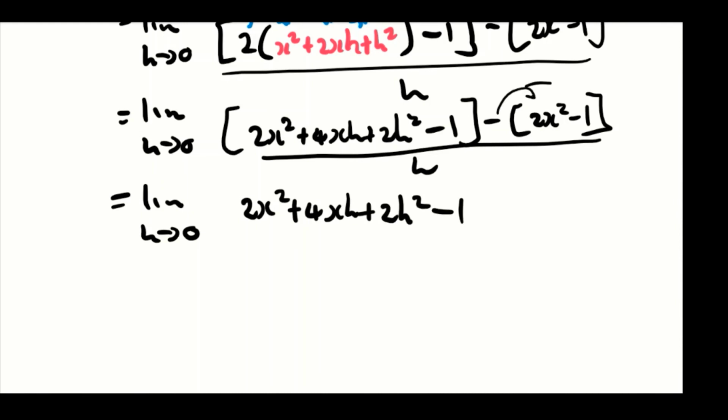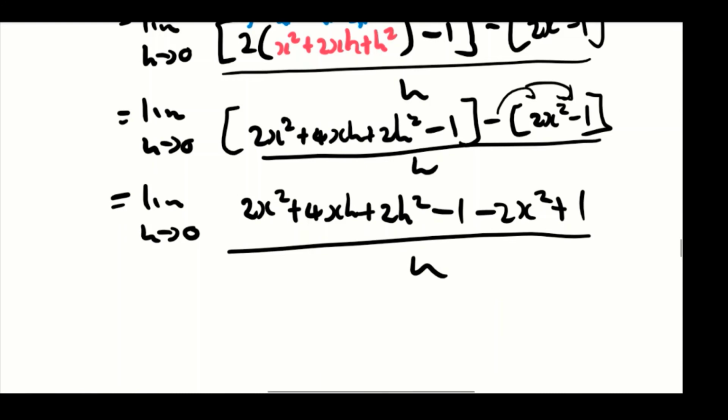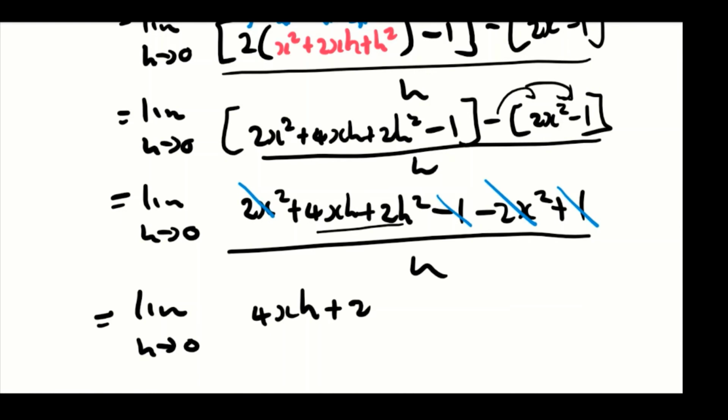This negative will multiply everything inside the bracket, so it's going to be minus 2x squared plus 1, divided by h. The like terms you add or subtract, so this minus 1 goes away with this plus 1, and this 2x squared goes away with this negative 2x squared. You remain with the limit as h approaches 0 of 4xh plus 2h squared over h.